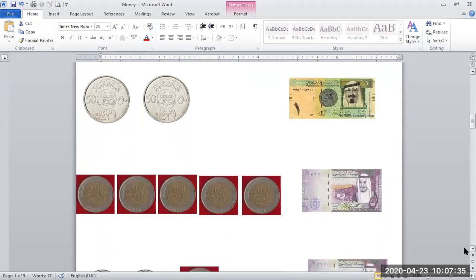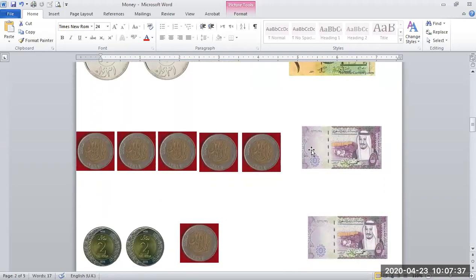Look here, this is 5 riyal now, this is 1 riyal, and we use here 1, 2, 3, 4, 5, and this one coin equals 1 riyal, and 5 riyal equals this paper money of 5 riyal. These two equal each other. And not only this that I show you, maybe you can use another also.